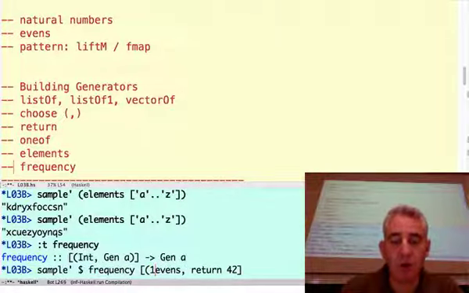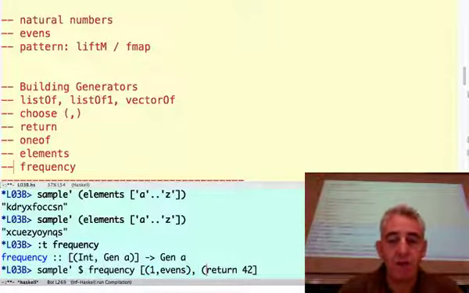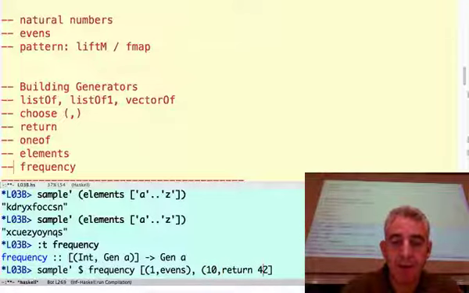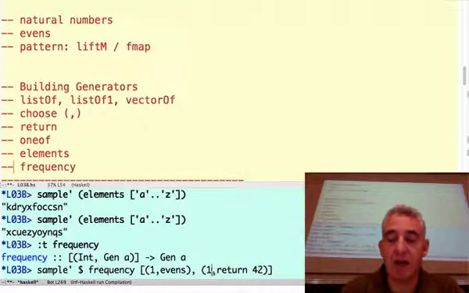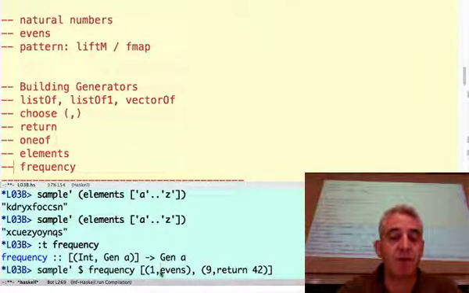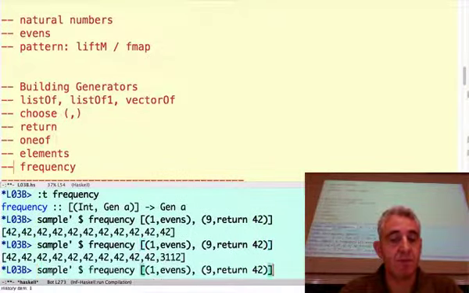Let's have a relative probability 1 to 10, so roughly 1/10 of the time we will generate even numbers, and 9/10 of the time will give us the value 42. Yeah, seems about right.